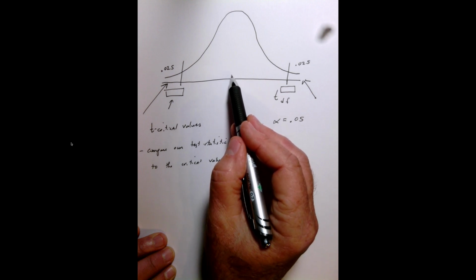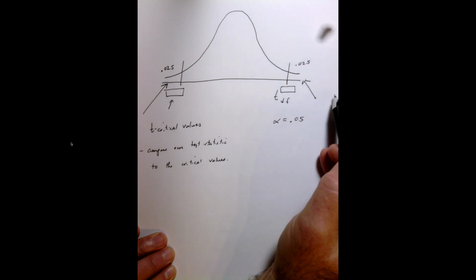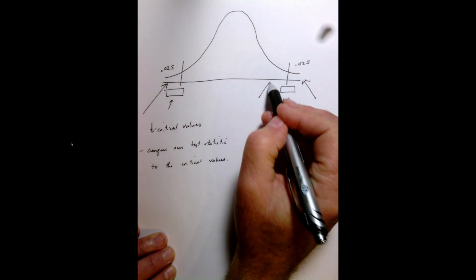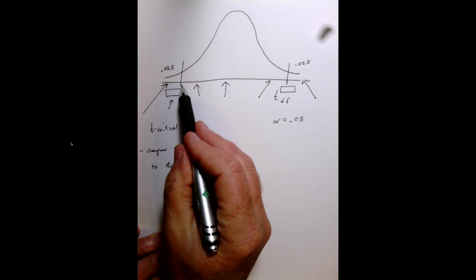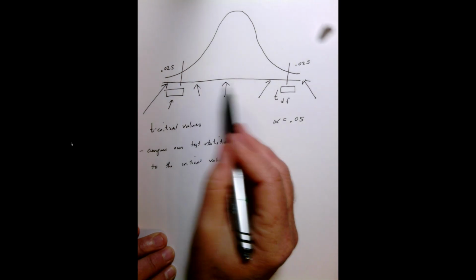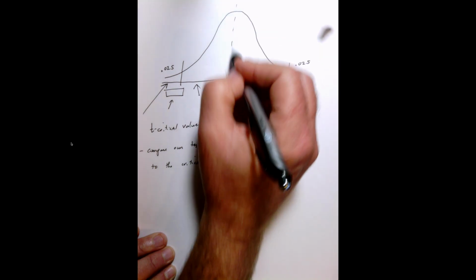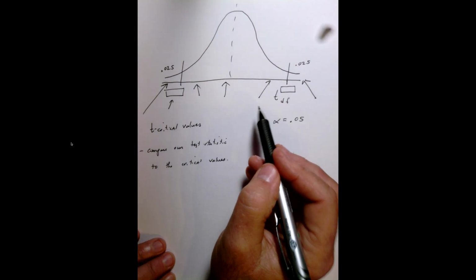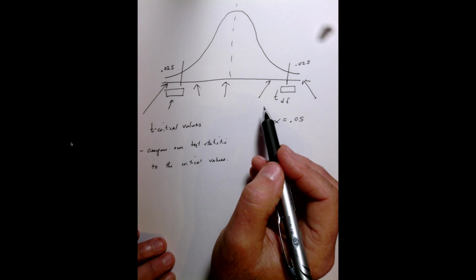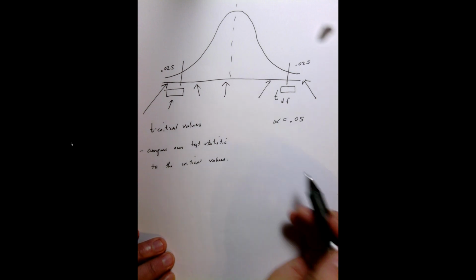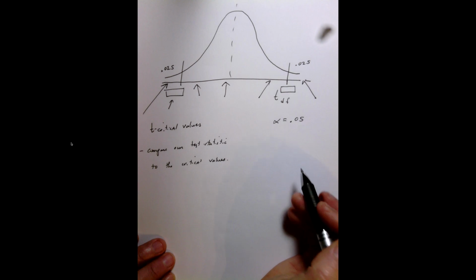It's more believable that we're drawing from another distribution. If it's anywhere in here between these two values, then we fail to reject. That's close enough to the claim, again, the claim's right here, that we sort of believe the claim. Again, softer language.